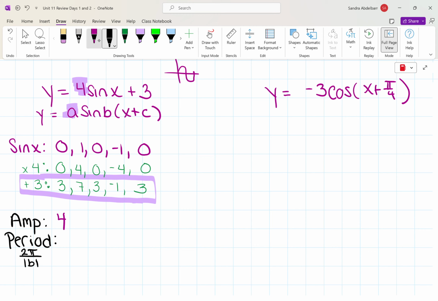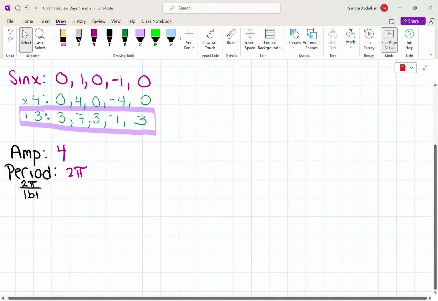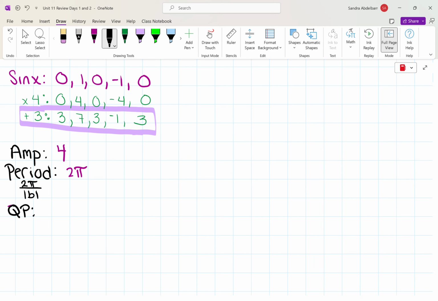So this is just going to be 2 pi. Then we're going to have our quarter period. And for the quarter period, all you're going to do is take your period and divide it by 4. So this becomes pi over 2.